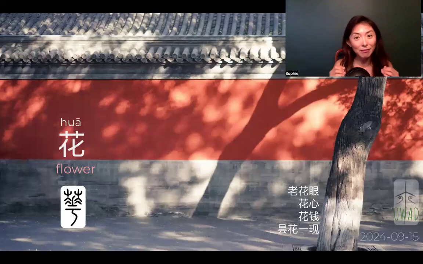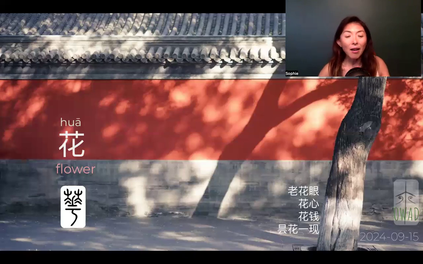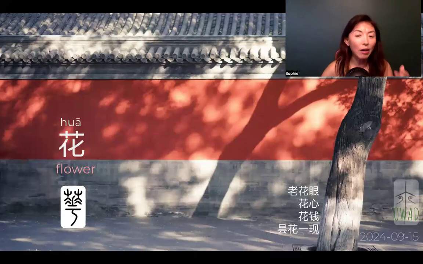But some people just cannot hold themselves back. And the Chinese use this 花心 to describe people who habitually send out this floral message to flirt with the opposite gender or whatever orientation they are, even if they are already in a relationship.